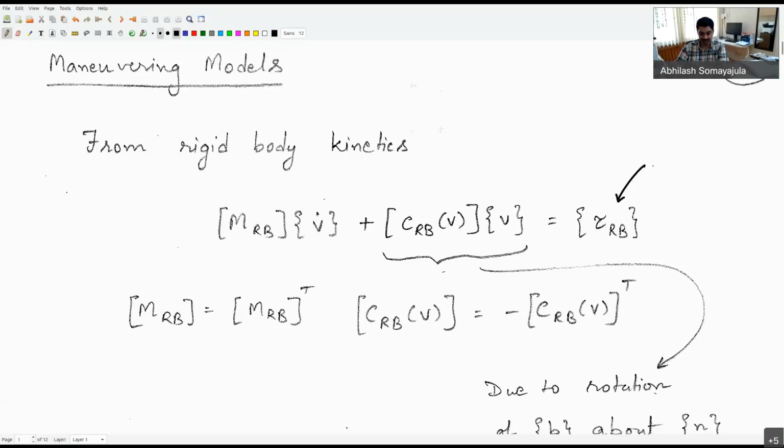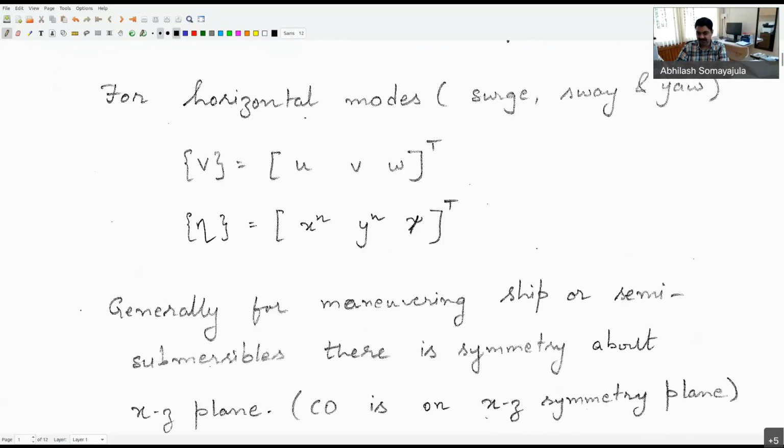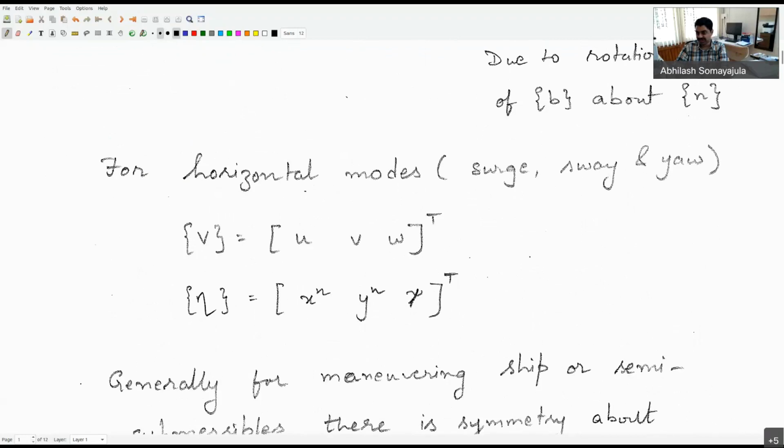in order to get a complete maneuvering system. We initially looked at horizontal modes, as we will be looking from time to time. So you will see me switch back from a 6 degree of freedom system to a 3 degree of freedom system fairly often, because when we are dealing with dynamic positioning, or so-called DP operations, most of the time the interest is to see if we can control these horizontal modes of action.